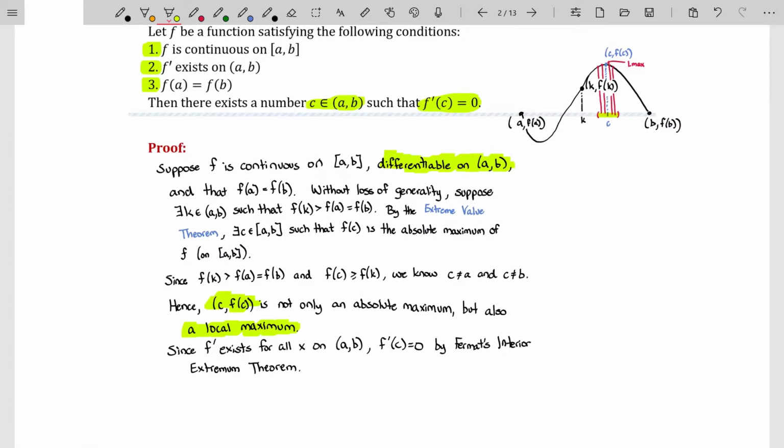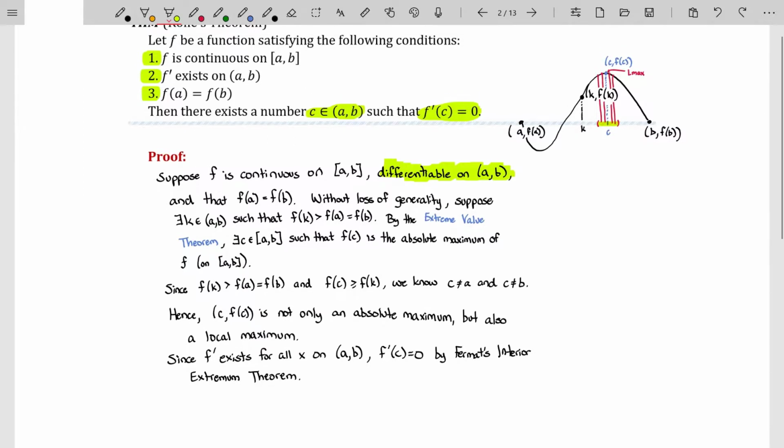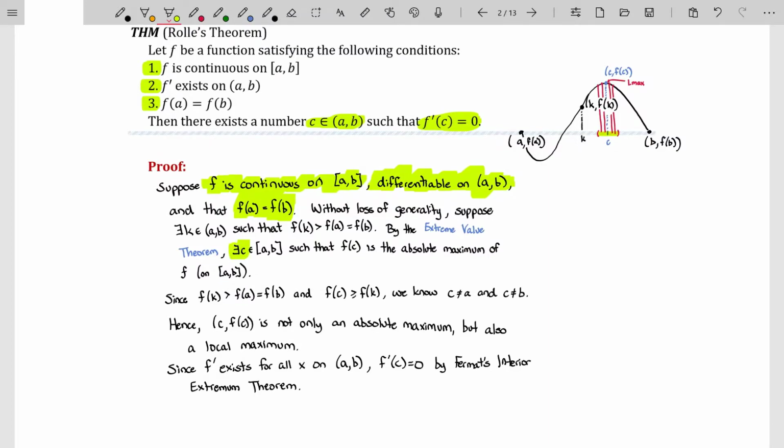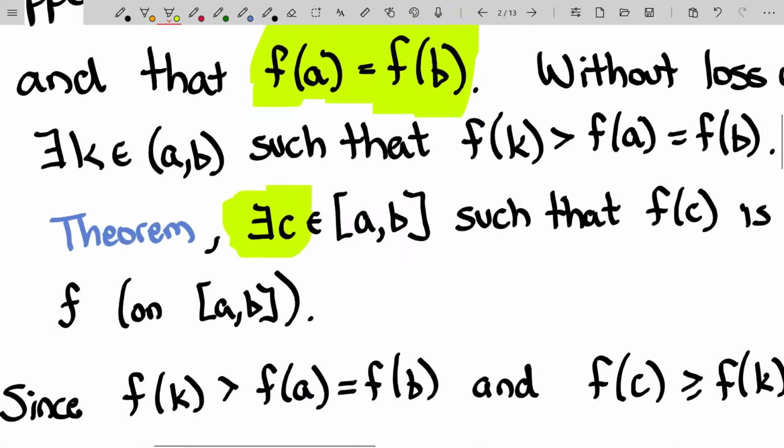So we have actually shown, let me undo my highlighting here, that as long as we suppose f is continuous on a closed interval a to b and differentiable on the open interval a to b, and that f of a is equal to f of b, then there exists a c, and I'm going to highlight only that because notice when we made that assumption, there exists a c.